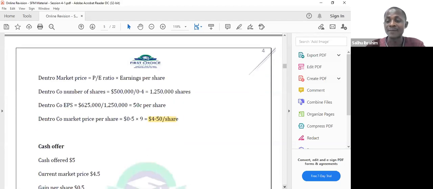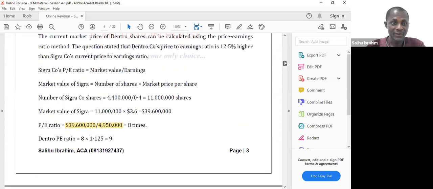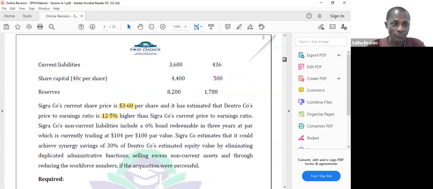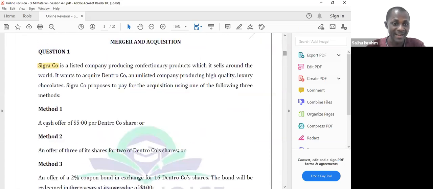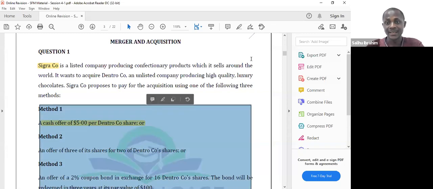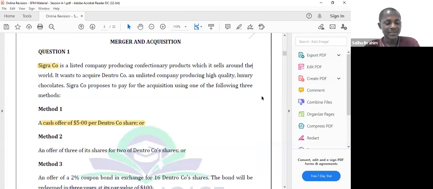Now we can go and evaluate the three payment offers or methods. The first one is a cash payment of $5. If we want to pay using cash, we pay 5 dollars for each share that we are acquiring from Dentroco. What does that imply? The shares of Dentroco are currently worth $4.5 per share, but we are paying 5 for the acquisition.